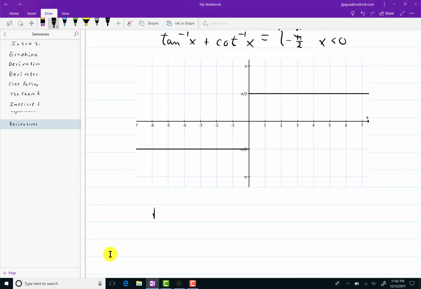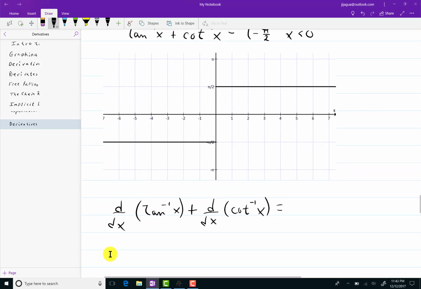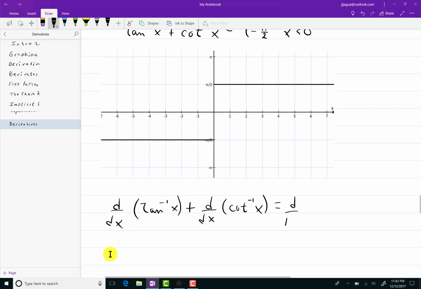I'll get d over dx of tangent inverse of x plus d over dx of cotangent inverse of x equals d over dx of this. It may look weird, but I'll explain it in a minute. Pi over 2 when x is greater than 0, negative pi over 2 when x is less than 0.